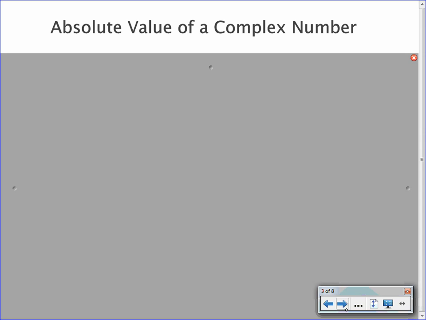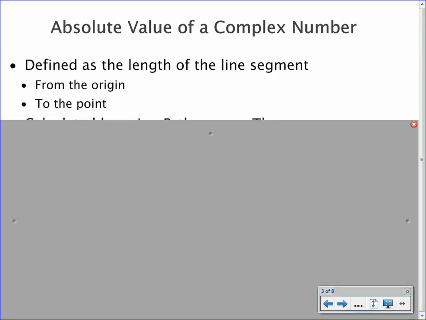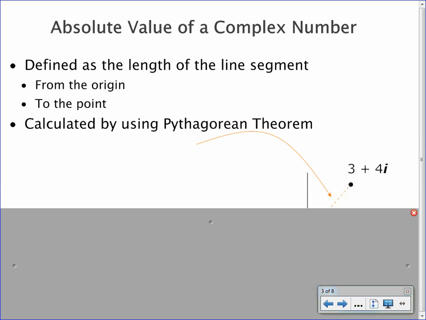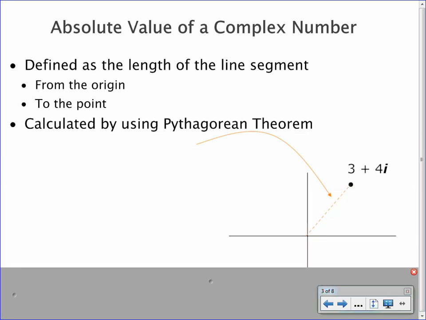Same principle. We're talking about basically the line segment back to the origin. So it's going to be similar to the magnitude of a vector, because our point of reference is the origin. We want to know how far we are from the origin to our complex number on the complex plane.